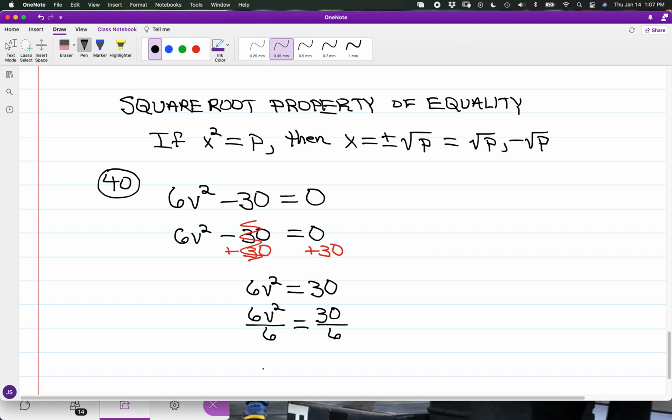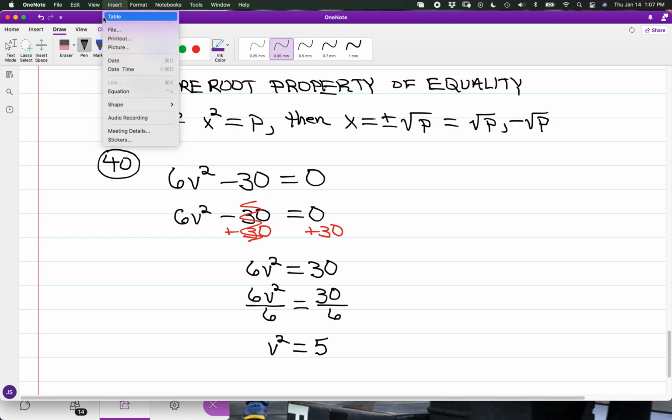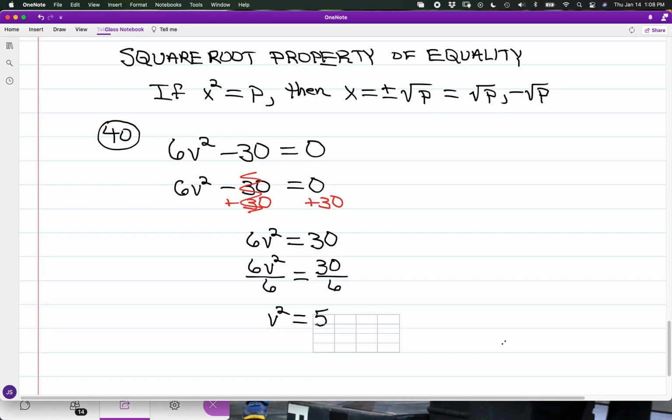So 6v squared over 6 will be v squared, and 30 over 6 is 5.